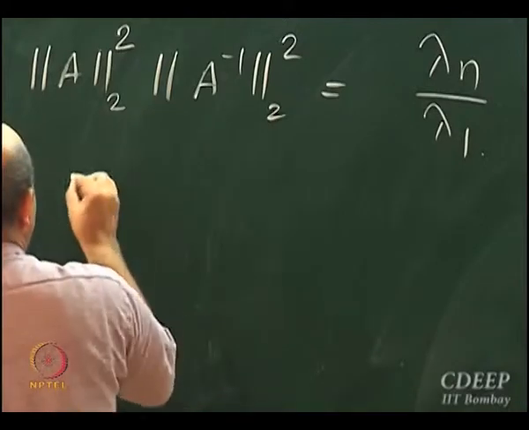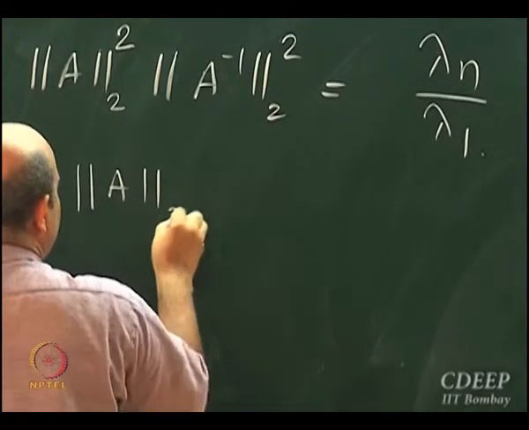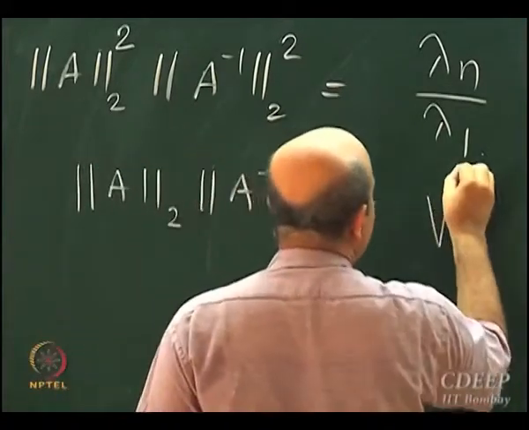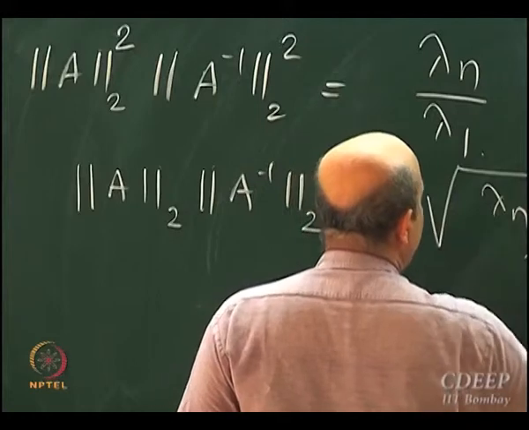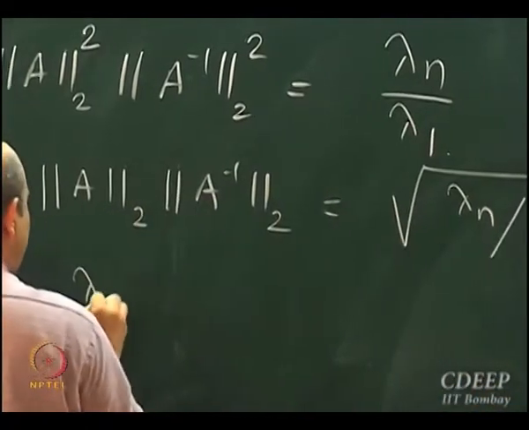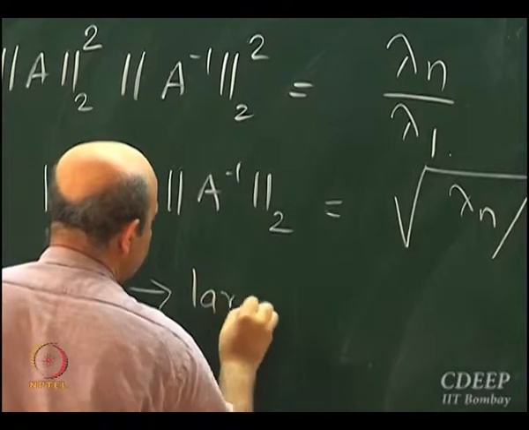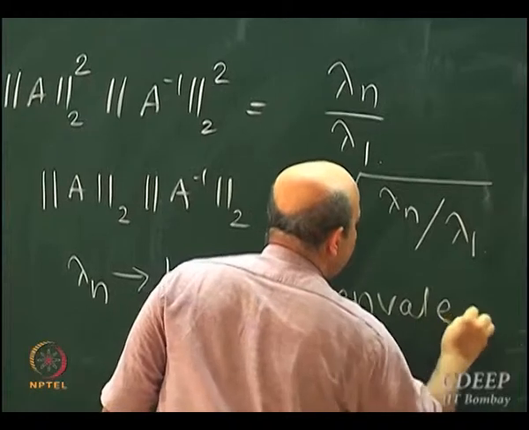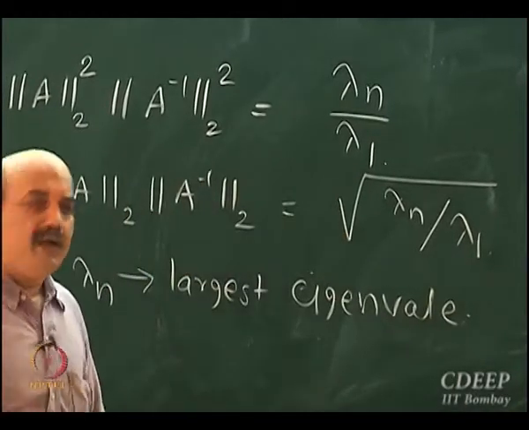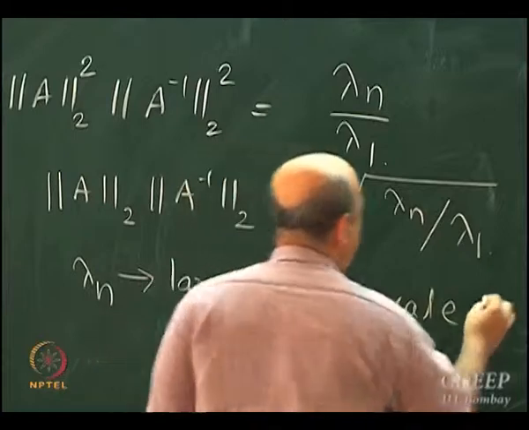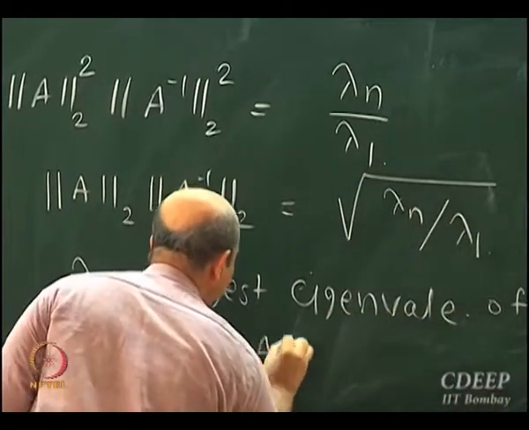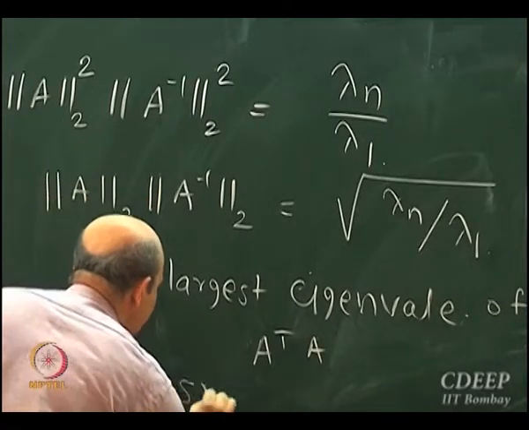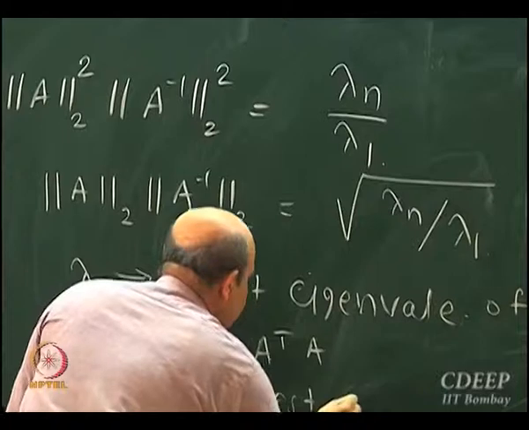Or norm A2 into norm A inverse 2 is square root of lambda n by lambda 1, where lambda n is the largest eigenvalue, which is also called the singular value of A, largest eigenvalue of A transpose A. And what is lambda 1? Smallest eigenvalue.